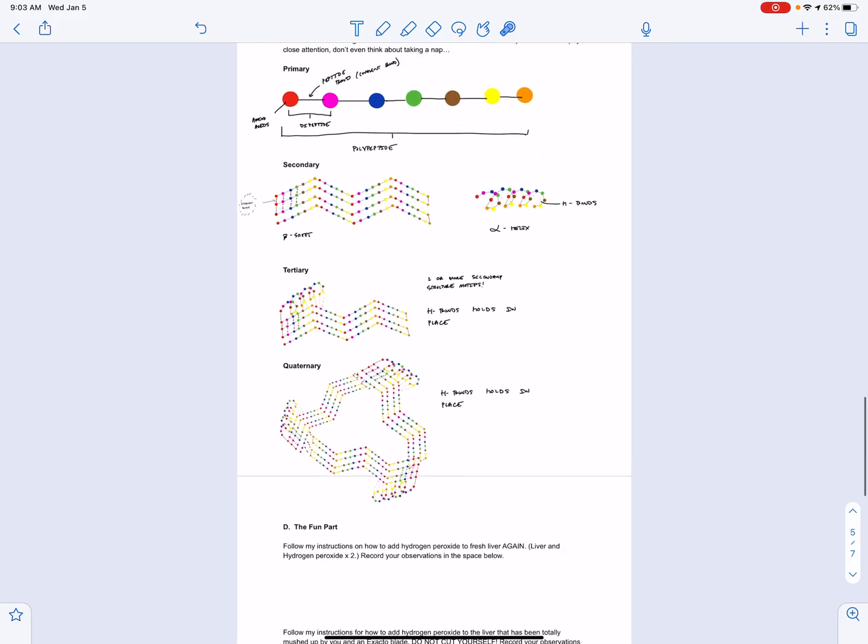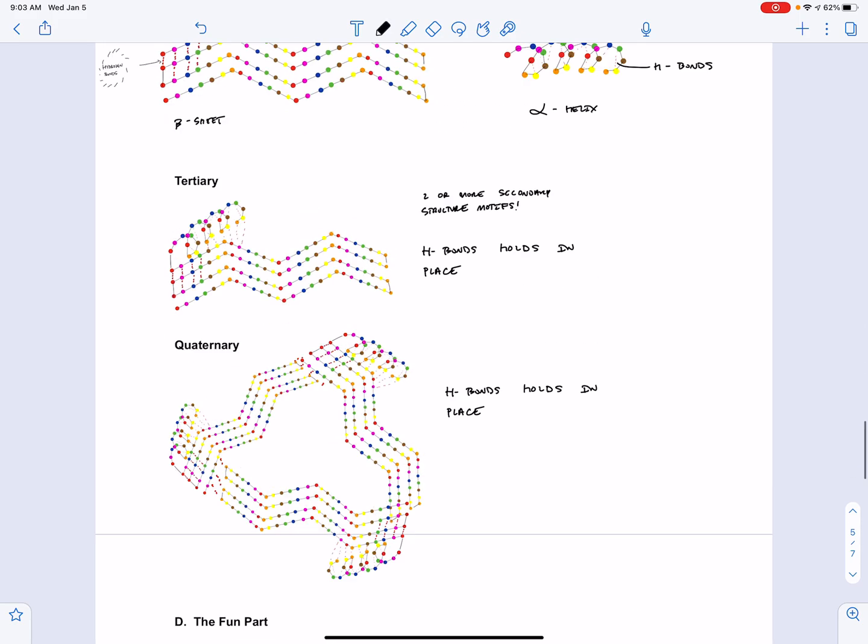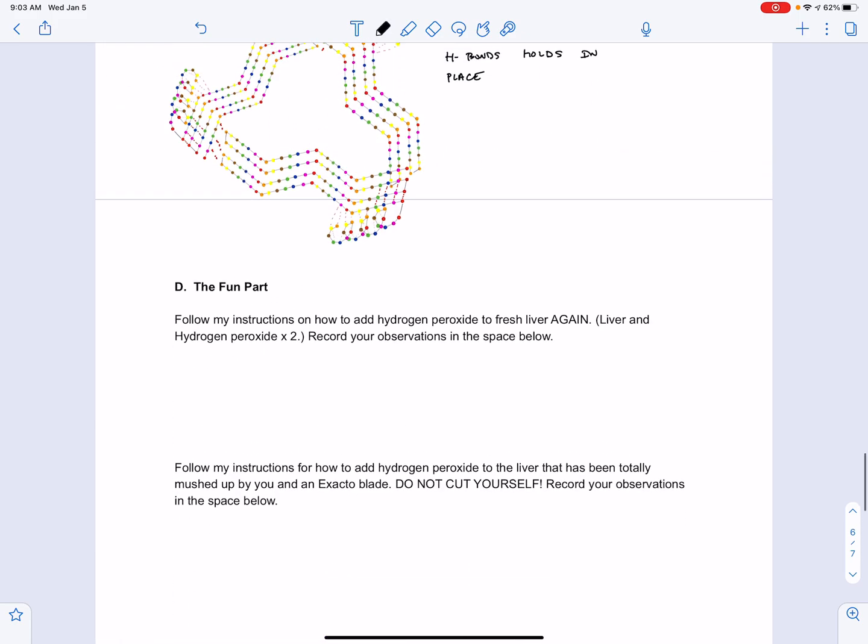Okay, so why is any of this important? Well, as I said before, covalent bonds are very strong, and hydrogen bonds are not super strong. You can break them relatively easily by interfering with the hydrogen bonding, and that can be done through application of heat or things that disrupt hydrogen bonding.